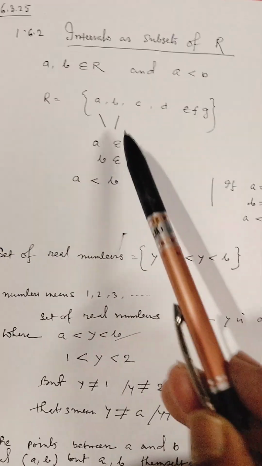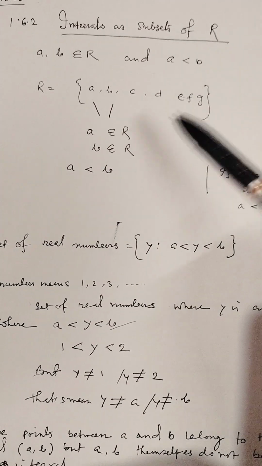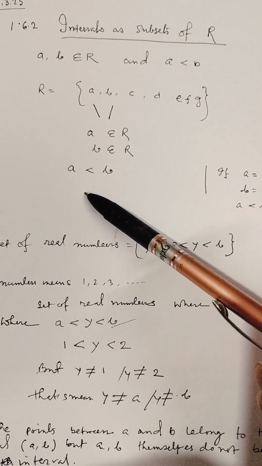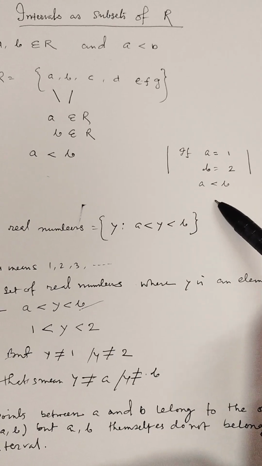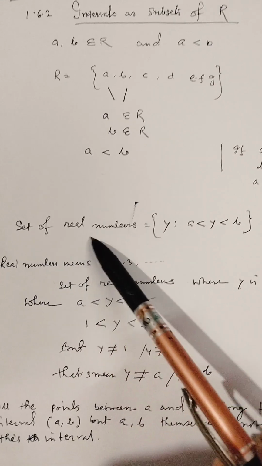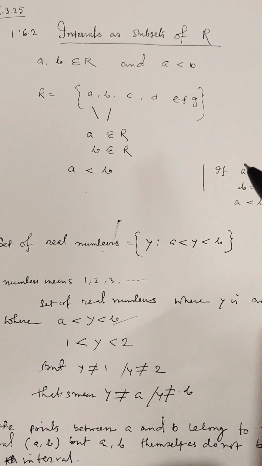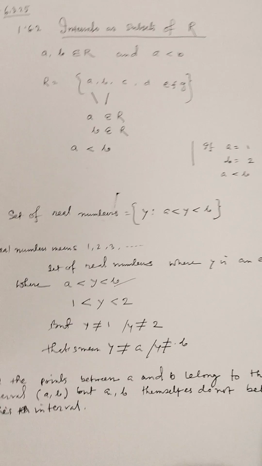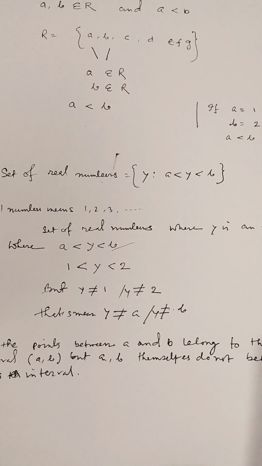So a belongs to R, b belongs to R, with the condition a less than b, and a is equal to 1, b is equal to 2. Then the set of real numbers where y is an element and y is in between a and b. Clear it with an example.